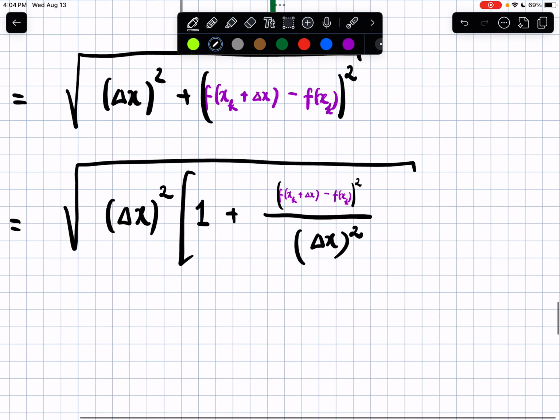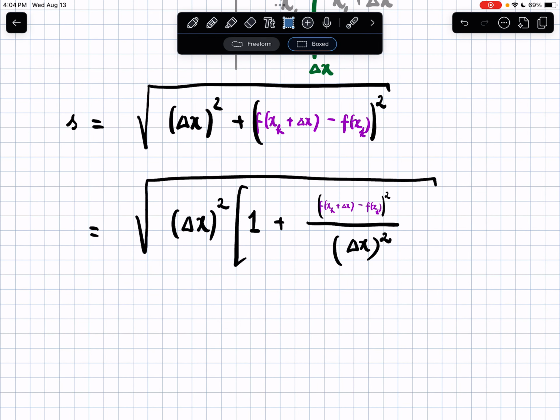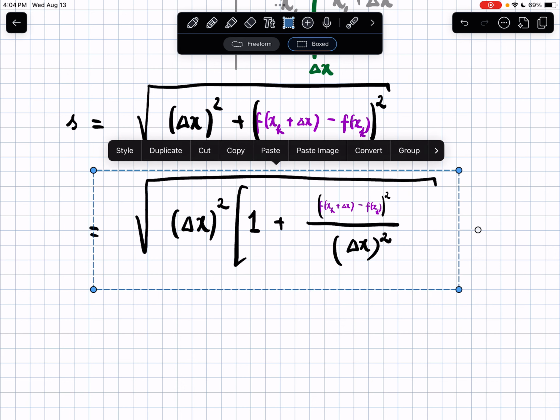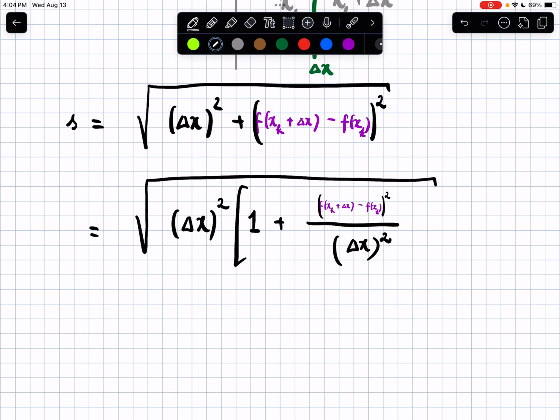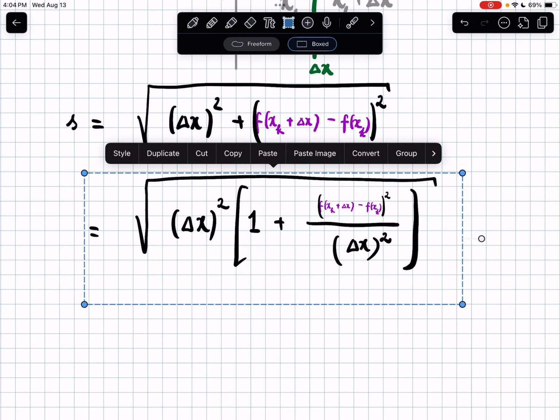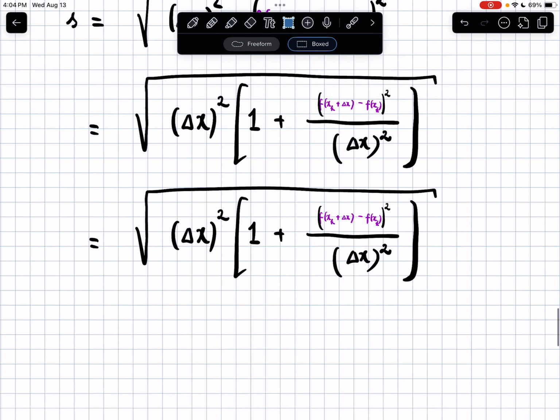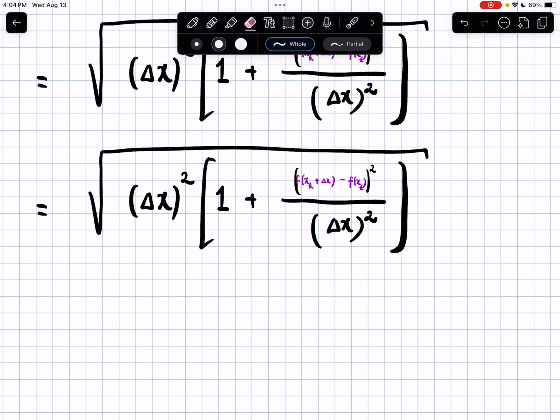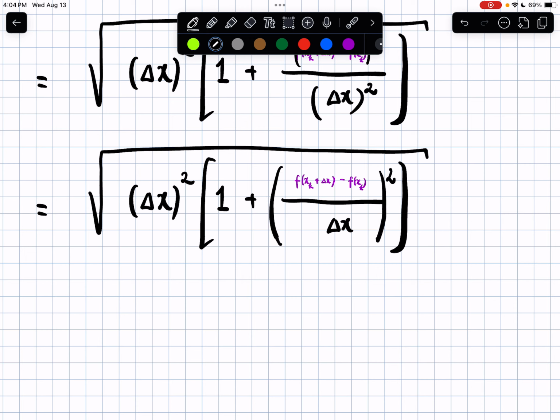And we can write this down as the square of this quantity, as we have done for the length of the curve.